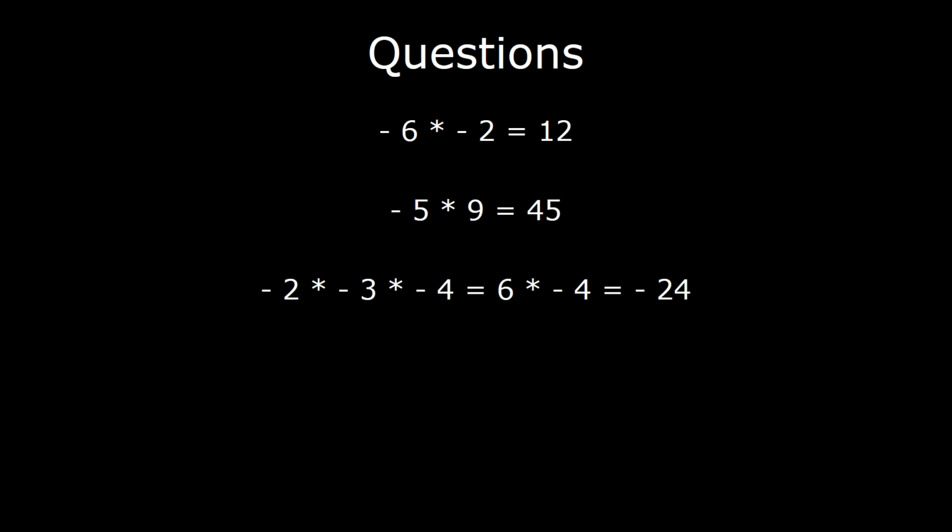So we got minus 2 into minus 3 into minus 4 equals 6 into minus 4 equals minus 24. That's the trick. You just go bit by bit, step by step, take a pair of numbers at a time, and then see how it goes. And I'm sure you'll always arrive at the correct answer.